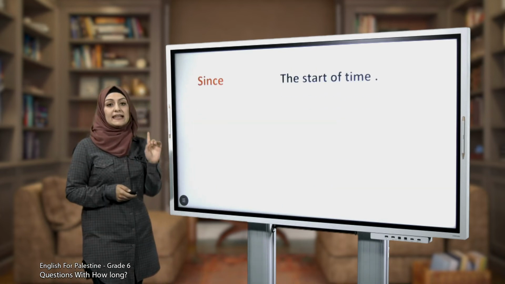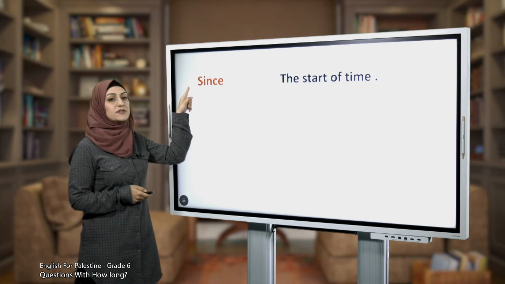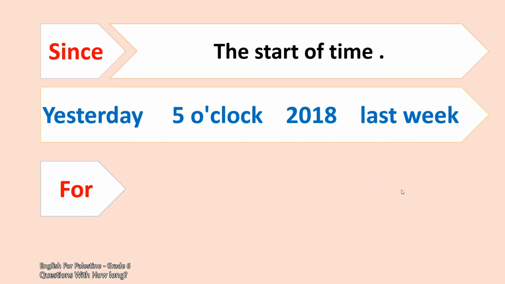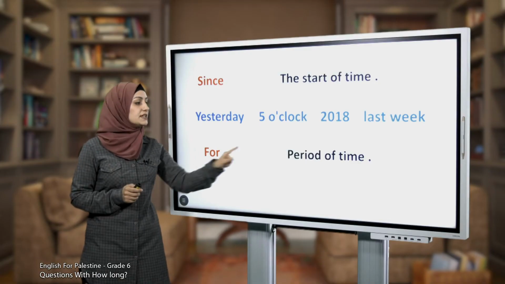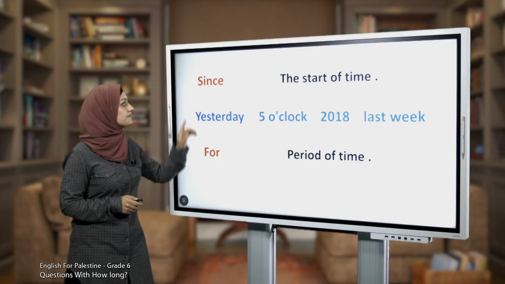Now, let's remember when do we use since and when do we use for. We use since if we want to tell the one in front of us the start of the time, when the action starts. But we use for if we want to say the period of time, how long the action has been taking place.